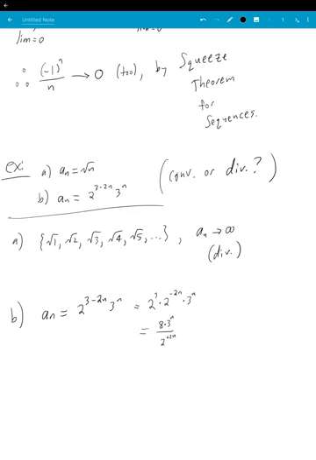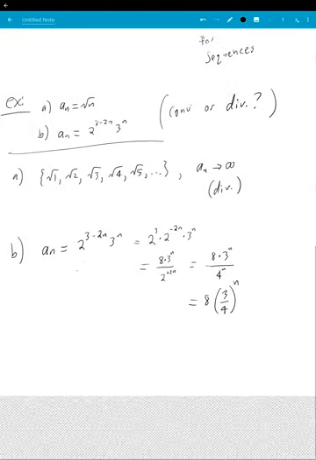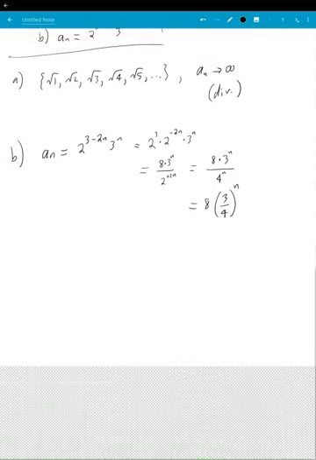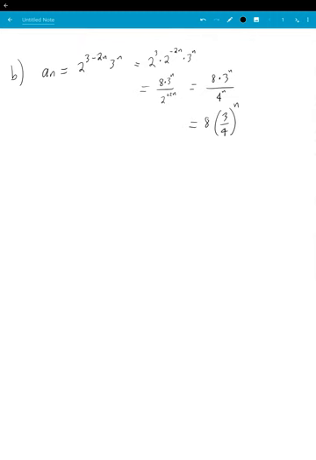Bringing it downstairs makes the exponent positive. And then what do we get? This is 4^n. So overall, we get 8 times (3/4)^n. Now that we have it nice and simplified, we can ask ourselves, what's happening to this expression as n gets larger and larger?